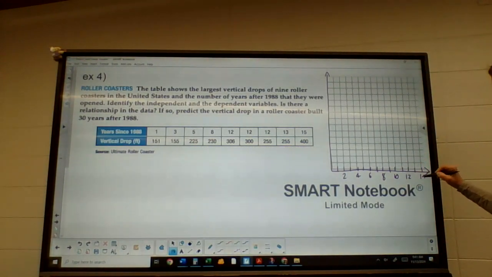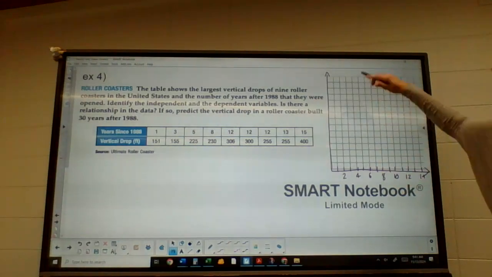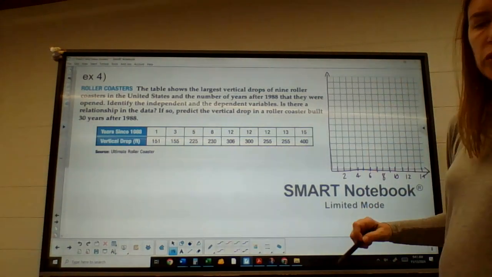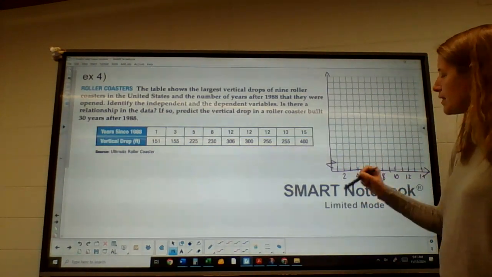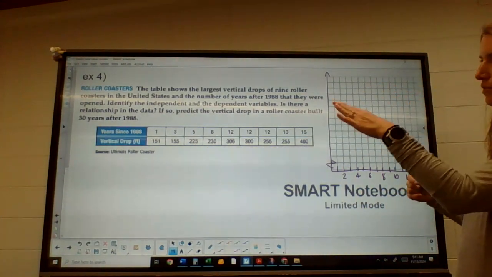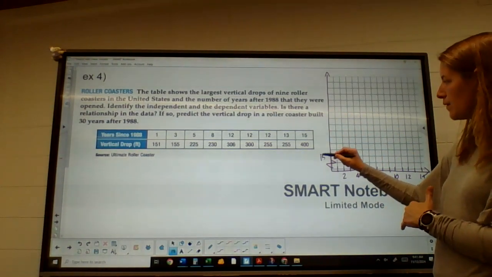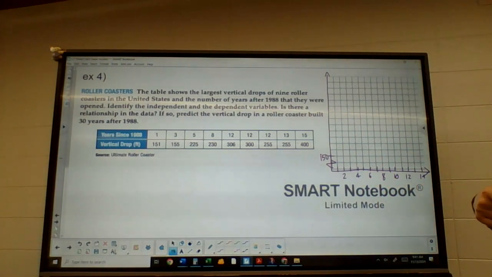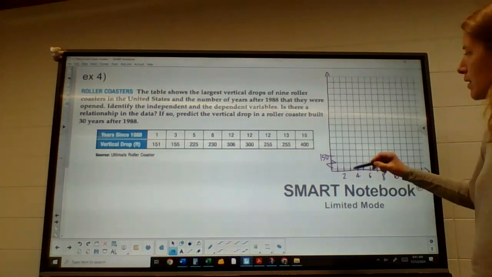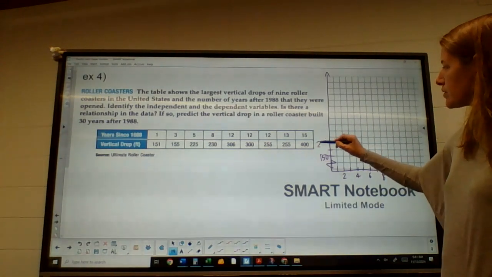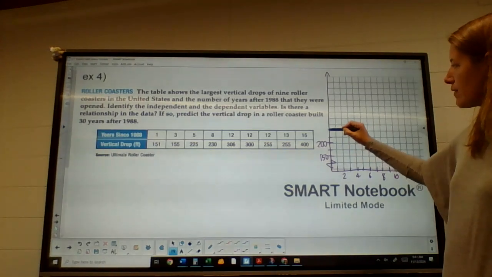We're going to be a little bit off for our 15 there. Up the side, I'm going to do what I call a break on the graph. So I'm going to break the graph because I don't need anything from 0 to 150. So I'm going to start at 150, and then I need to be able to get up to 400. So I'm going to call this 200. I'm going to go up by 25s.